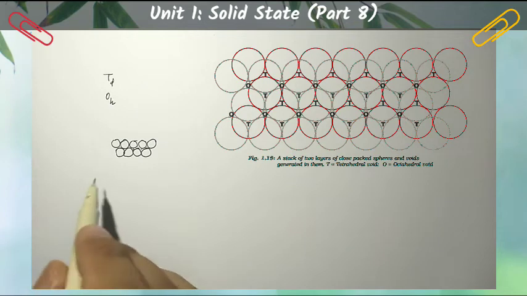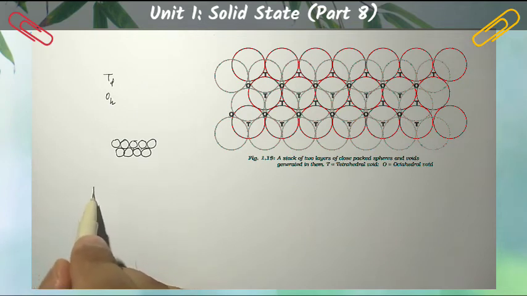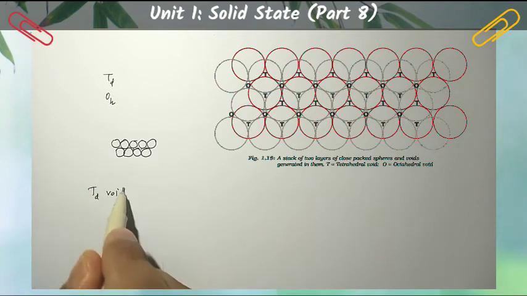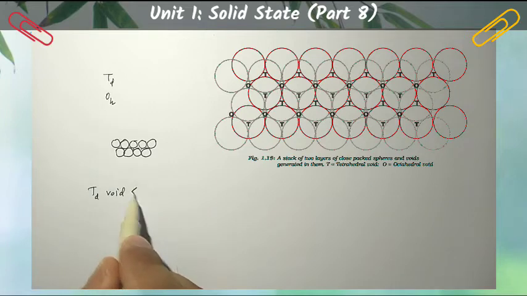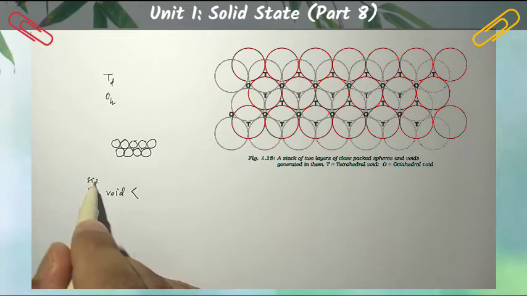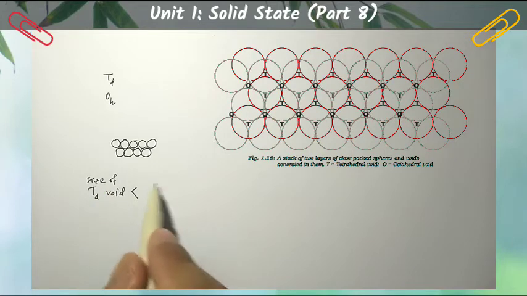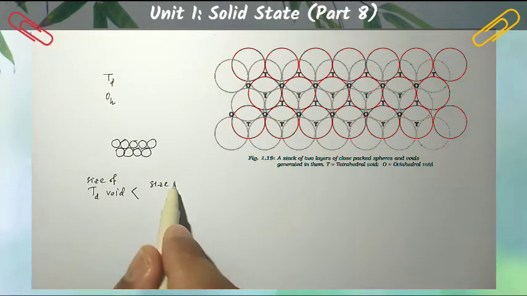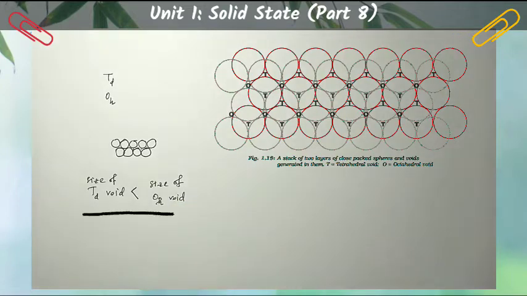So that means the size of the tetrahedral void is smaller than the size of the octahedral void. So this is also one important point. Clear?